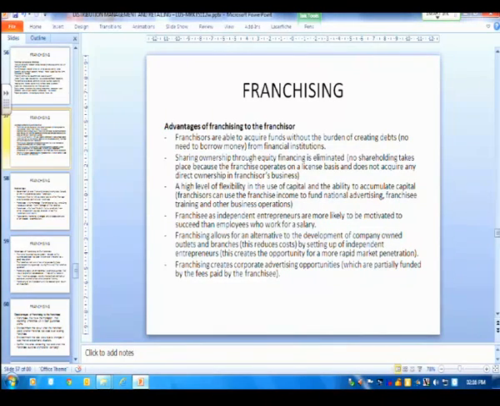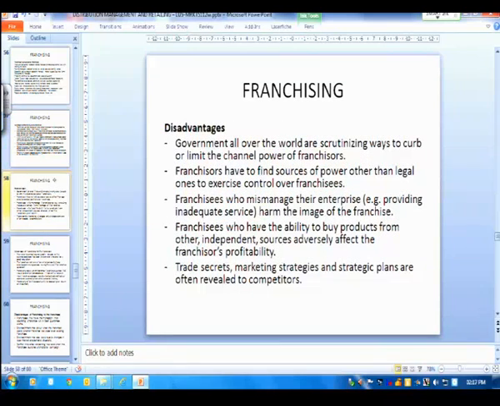Franchising allows for an alternative to the development of company-owned outlets and branches. This reduces costs by setting up independent entrepreneurs. This creates the opportunity for a more rapid market penetration. And then lastly, franchisees as independent entrepreneurs are more likely to be more motivated to succeed than employees who work for a salary.